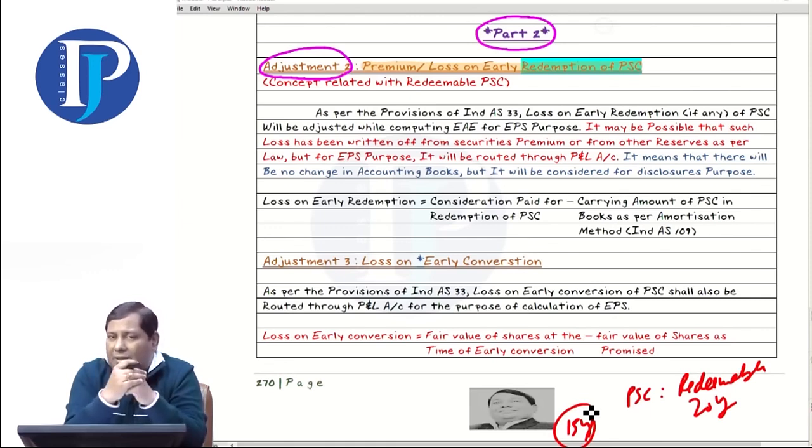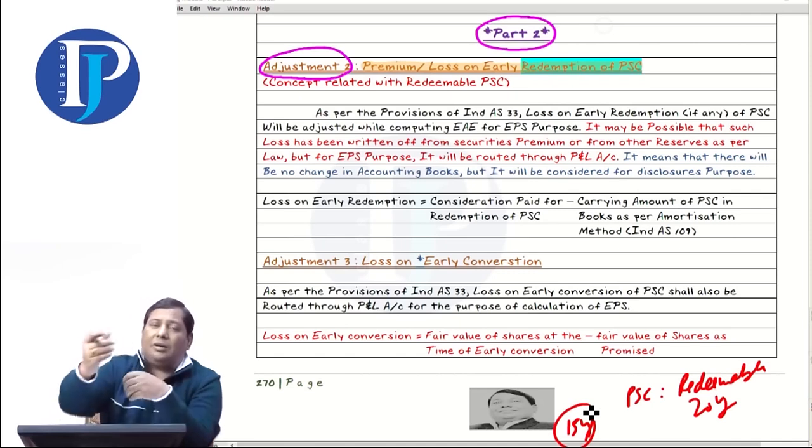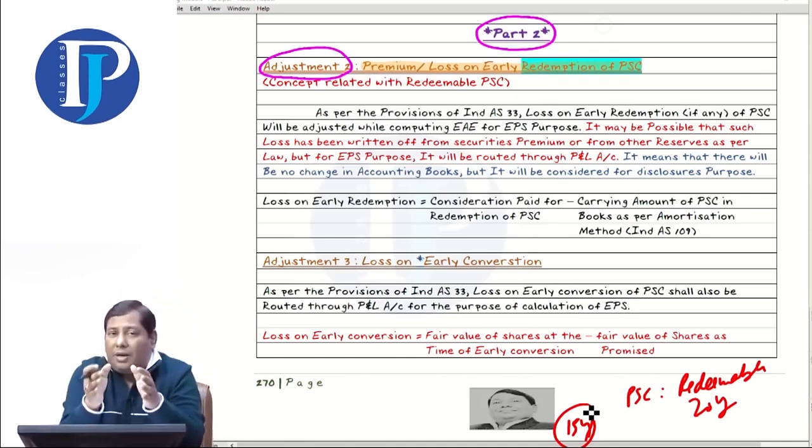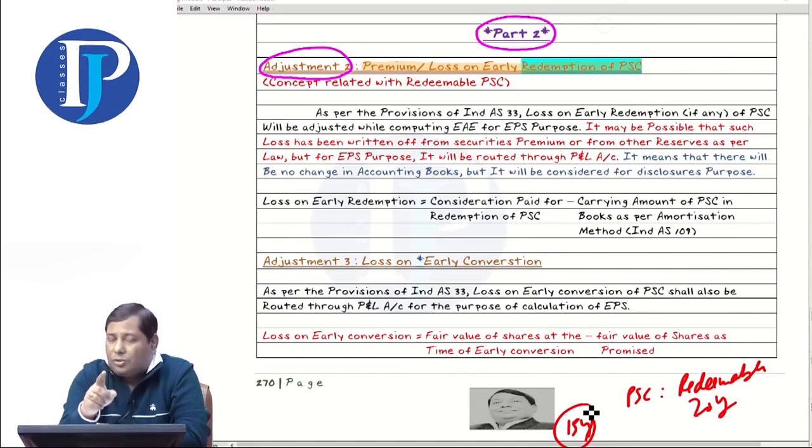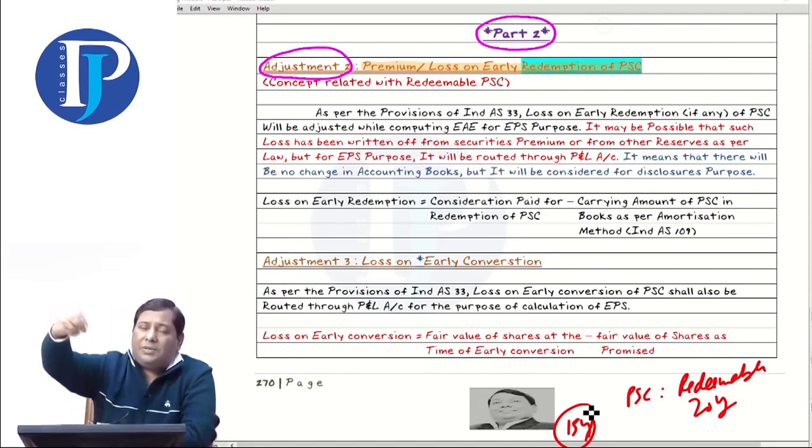The company wants to get rid of its burden of coupon rate. Suppose the company has collected money from somewhere. Now students, the company is reducing its burdens. It has announced a premium and proposed early redemption. Here, Ind AS 33 says that if you redeem your preference shareholders before time and give them some premium, then whatever premium you give will be a loss. That loss, as per law, you can write off from securities premium or any other reserve in your books.